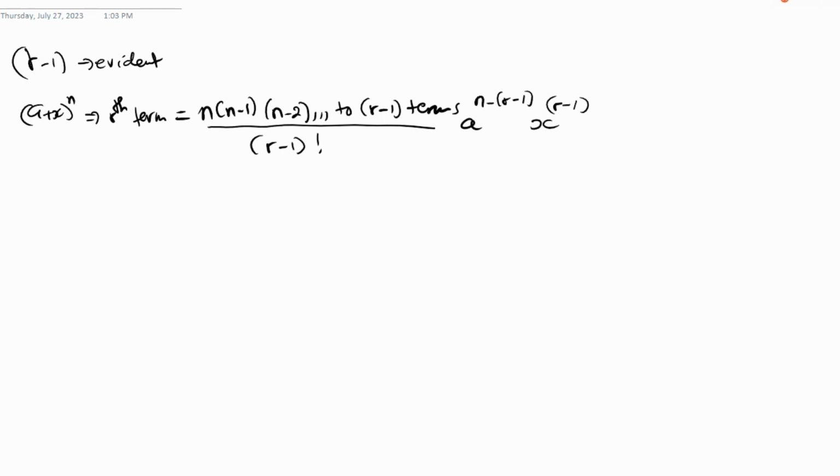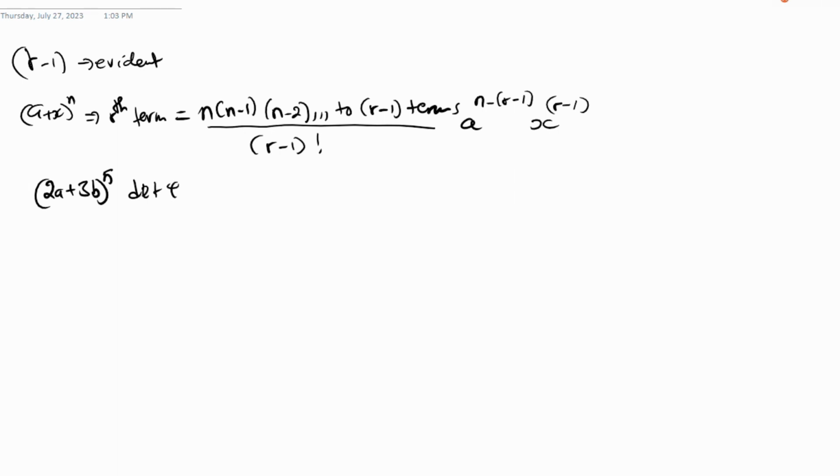All right, let's look at one example. Without fully expanding this expression here, 2a plus 3b power 5, determine the fourth term.